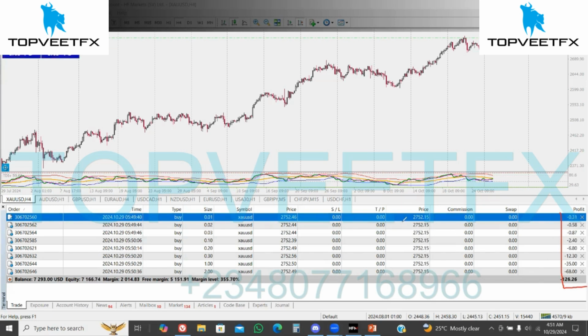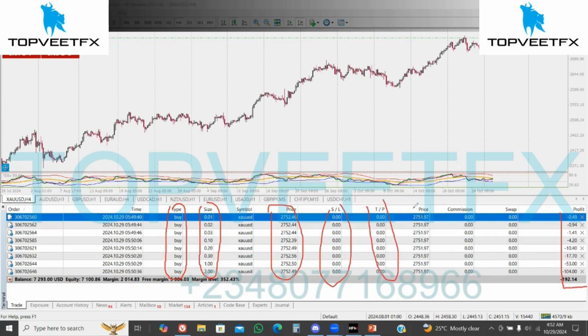Now, look at it. Somebody that used lot size, you can see they have written in there, lot size. What are you doing on those pairs? You are buying. The time you enter, and the symbol, the price at which you place your trade, your stop loss, you apply it, your take profit.